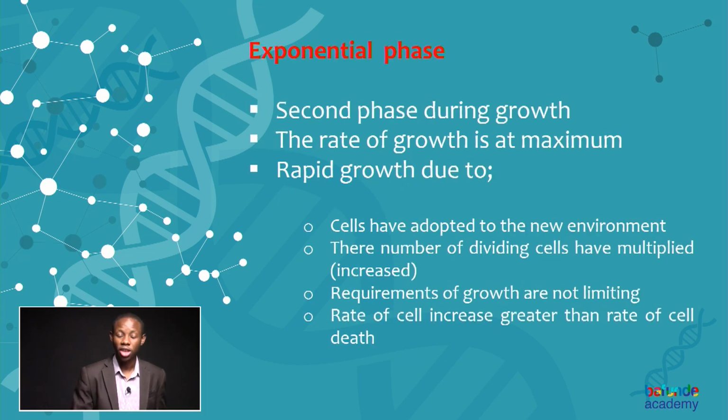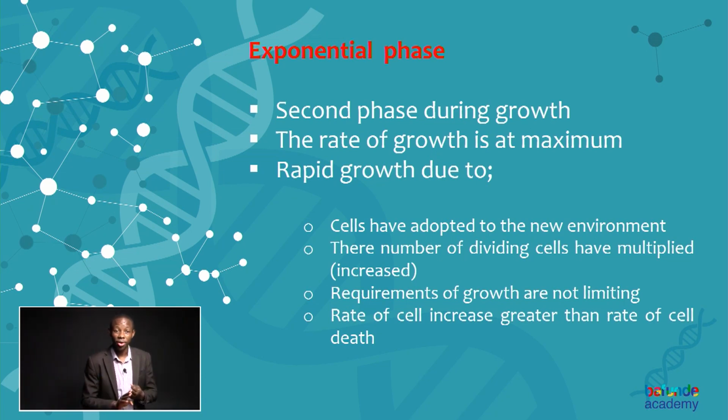Let's go to the second phase of growth. It's called exponential phase. As you had seen in the curve, lag phase is slow. Now, exponential means the growth is very sharp. So, the rate of growth is at maximum in this second stage. And the rapid growth is due to the following. Number 1, the number of dividing cells has increased. Remember in the previous stage, we had few dividing cells. Number 2, the cells now have adapted to the new environment.